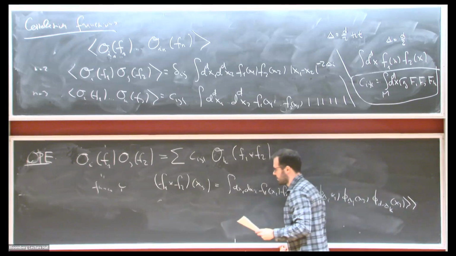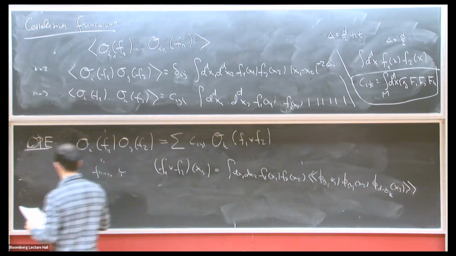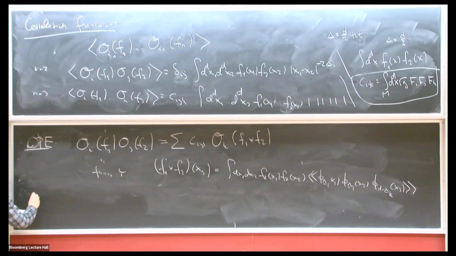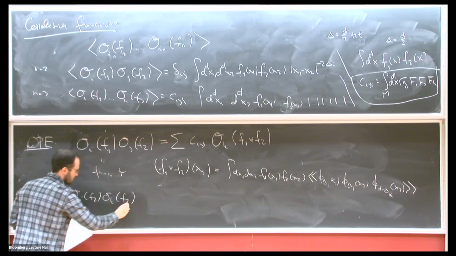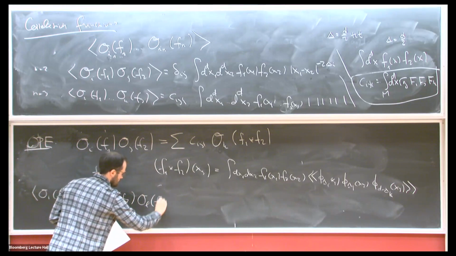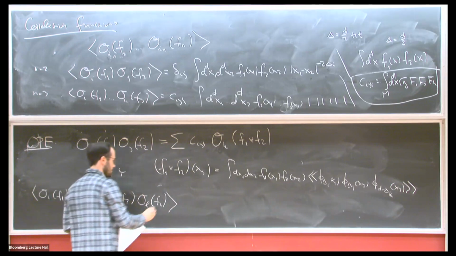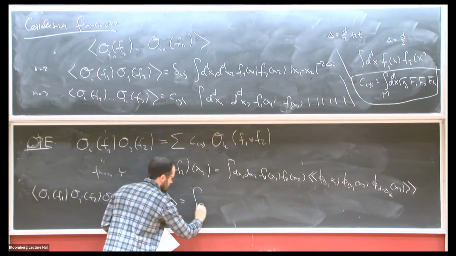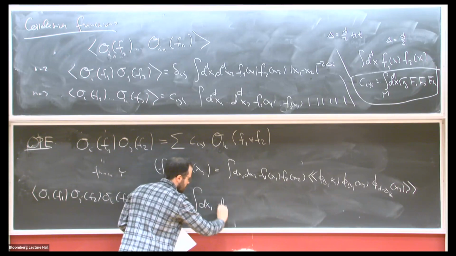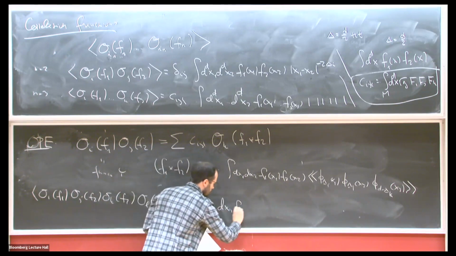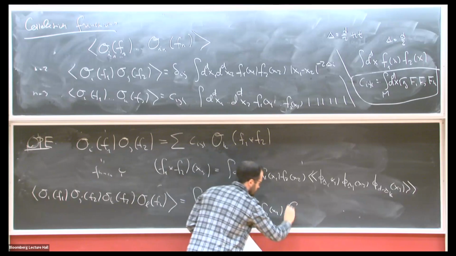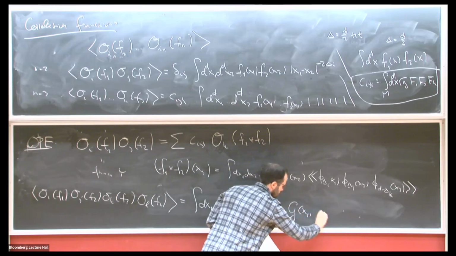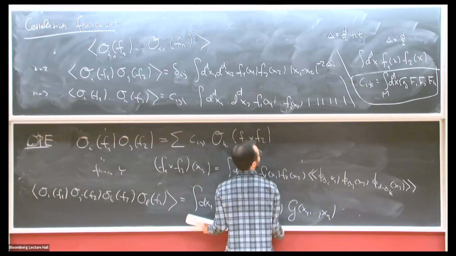Okay, and finally, the 4-point function implements associativity. So the 4-point function, from what we said so far, it's a distribution on 4 points, or a function of 4 variables. That's the distribution I can write as a function of these x1 to x4.